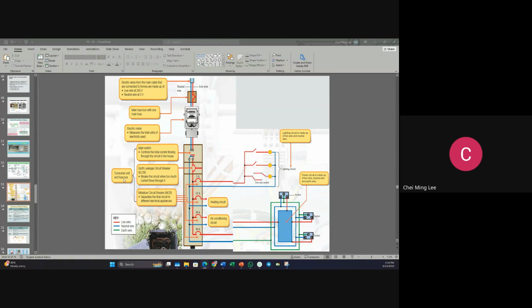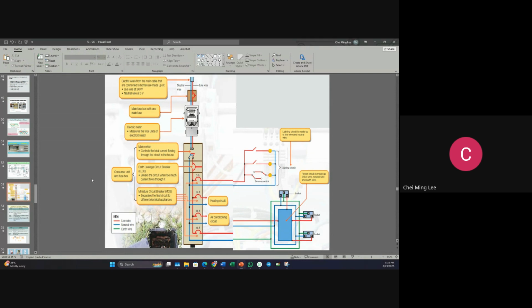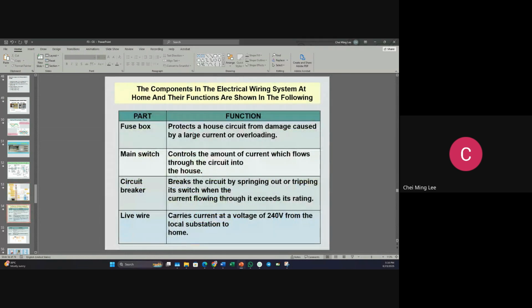All right, so now let's continue with the components. We have the fuse box, which protects the house circuit from damage caused by a large current or overloading. Then we have the main switch, which controls the amount of current which flows through the circuit into the house.